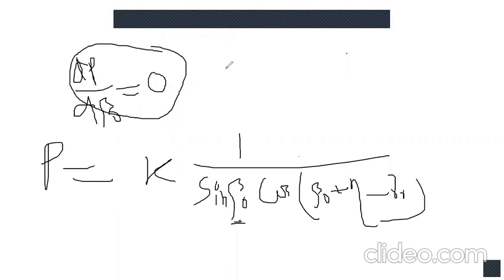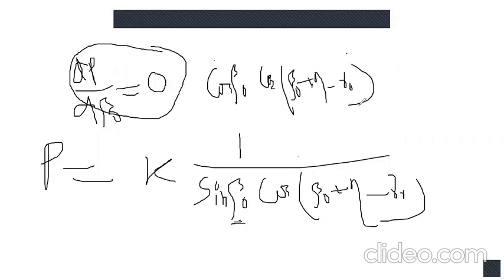Now derivative of this, simple derivation. Cos beta, this part is fixed, this part is the derivative. Cos of beta 0 plus eta minus gamma.